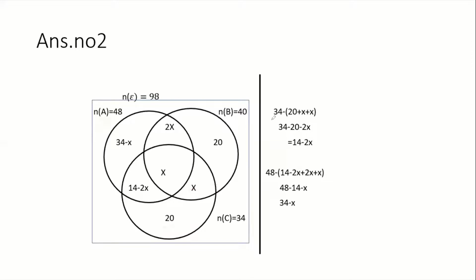If we equate this x, 20, and this unknown set, it will give us 34 in return. So we get 34 minus 20 minus 2x. If we work it out, 34 minus 20 gives us 14 minus 2x.